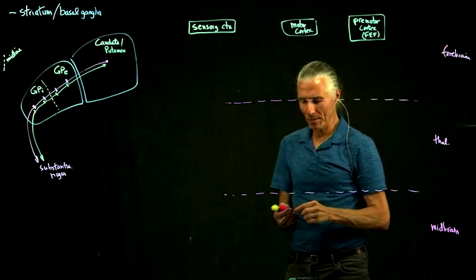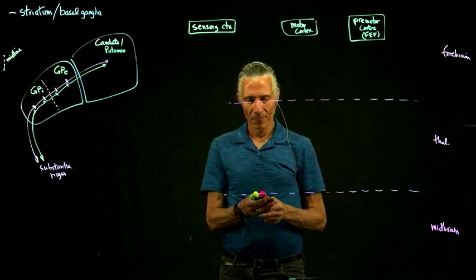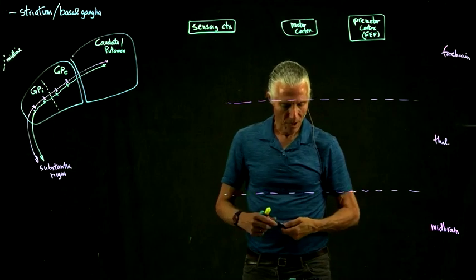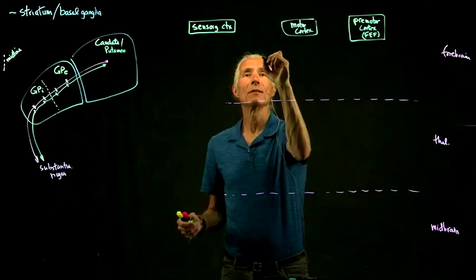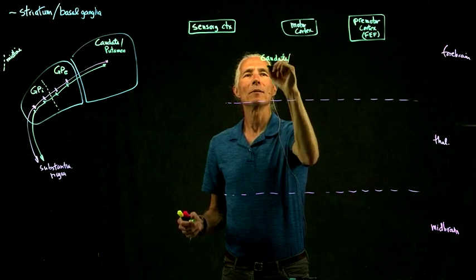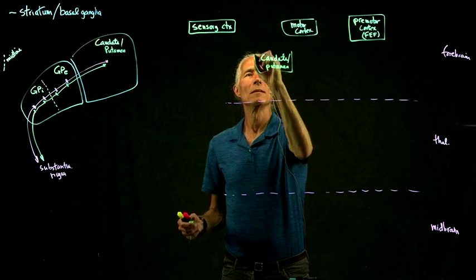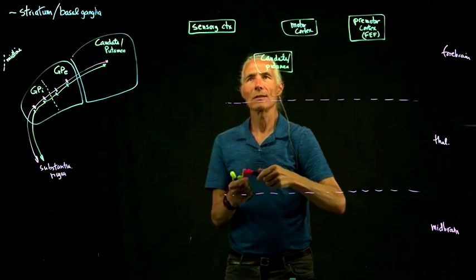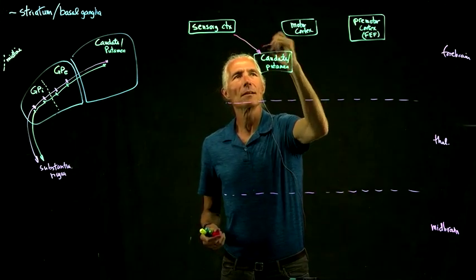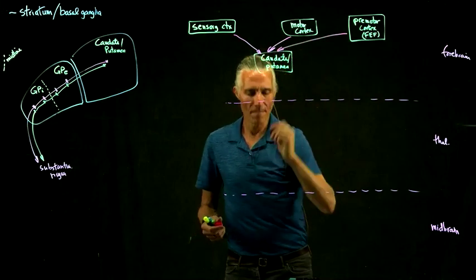We see that all these parts of the cortex project to the caudate putamen. Sensory cortex goes there, motor cortex goes there, premotor cortex goes there.